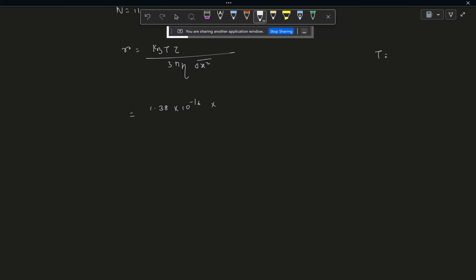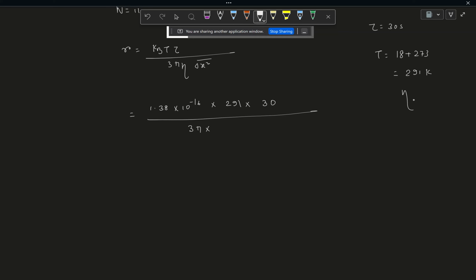So temperature equals 18 plus 273, it is 291 Kelvin. So this is 291 into tau, that is the interval time, which is basically 30 seconds. So this is 30 seconds divided by 3 pi into eta.